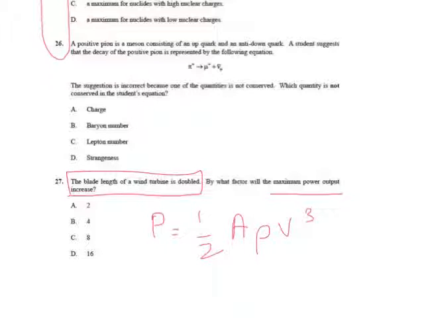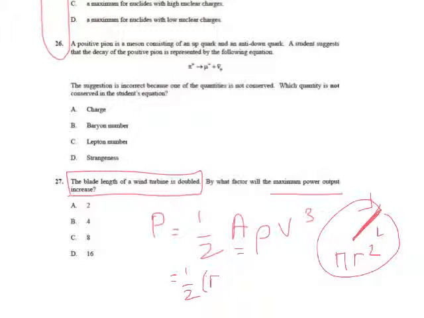Now if you think of a blade sweeping out a circle, what we mean by that area is pi r squared, and the length of the blade would be the radius. So if we change this formula to represent that, we have a half pi r squared times the density of the air times the speed of the air that's moving through it.